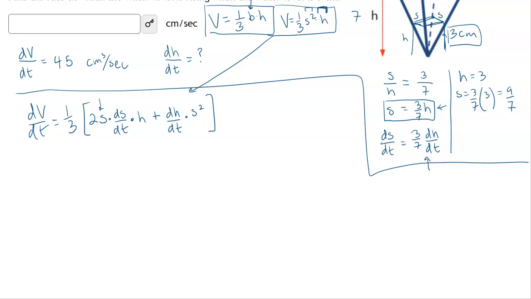So we know the dV/dt is 45. We have 1/3. I have 2 times s, and again, our s that we're using when h is 3 is 9/7. We have ds/dt, but again, what are we going to put in its place is 3/7 dh/dt.